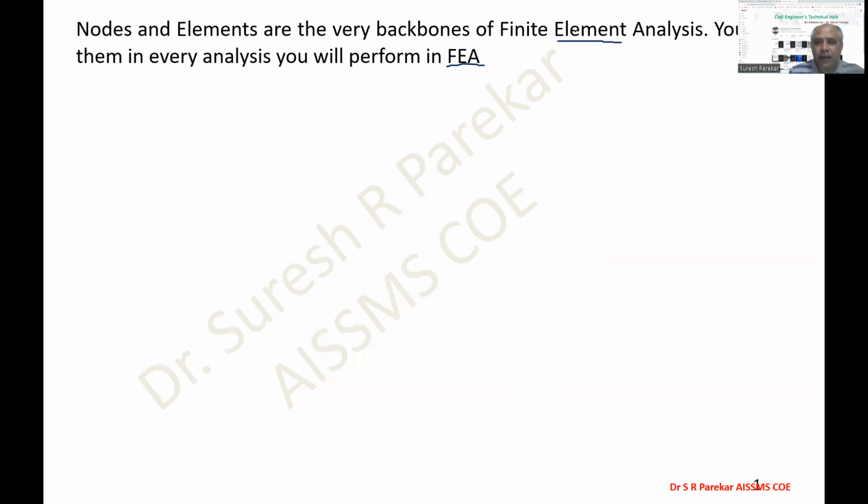Now I will just explain once. So for nodes, we actually have two types of nodes. One is external nodes, and the second is internal nodes. External nodes are on the boundary, and internal nodes are inside the boundary.